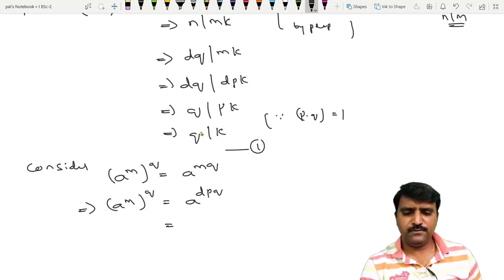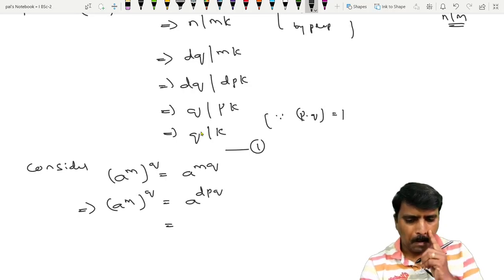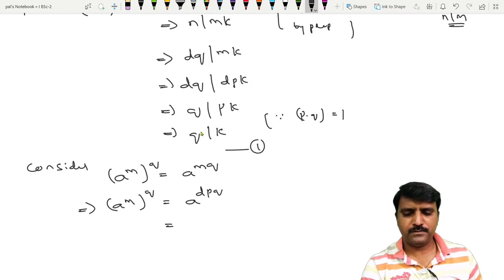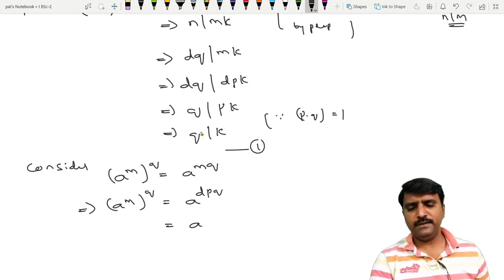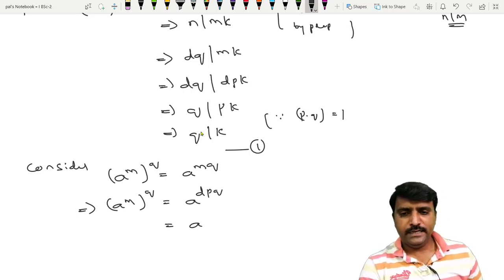By clubbing d and q, you can write it as a to the power of dq to the power of p.